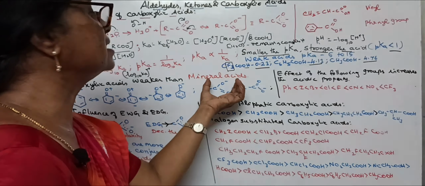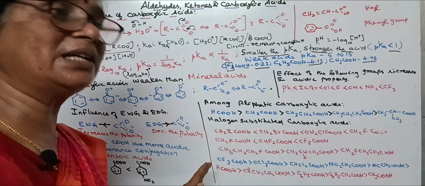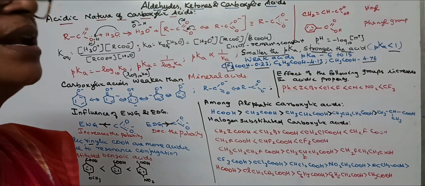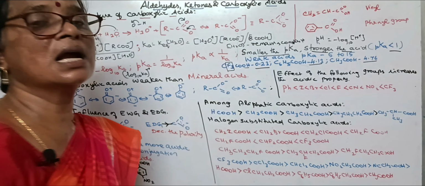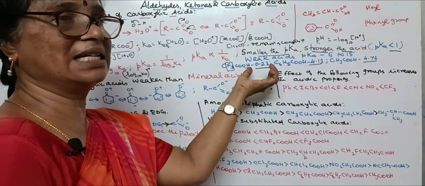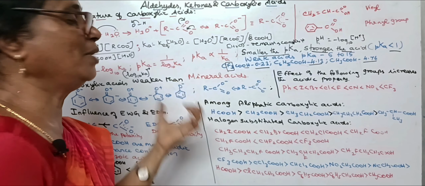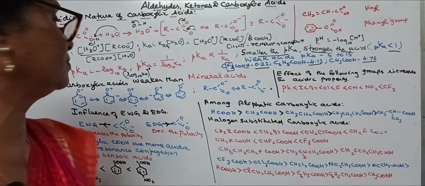So mineral acids are stronger acids because they can undergo complete dissociation at all concentrations. This is one of the reasons why mineral acids are stronger than carboxylic acids. And the acidic nature of carboxylic acids is influenced by their substituents, but mineral acids themselves have a strong nature.